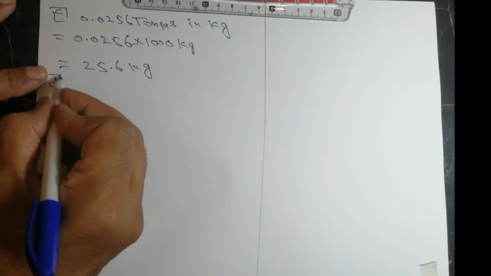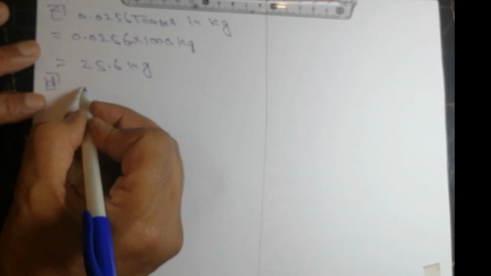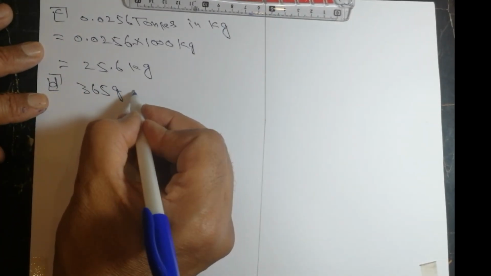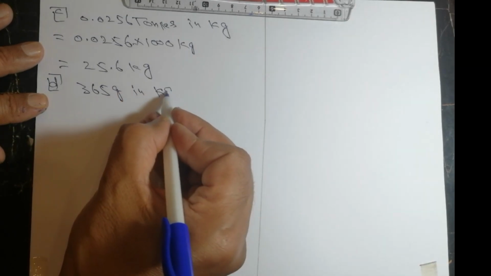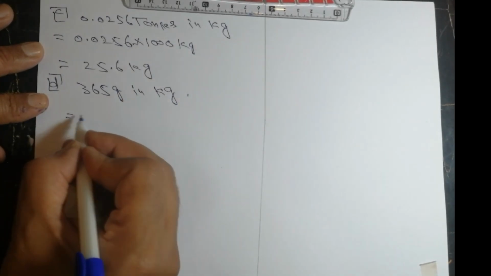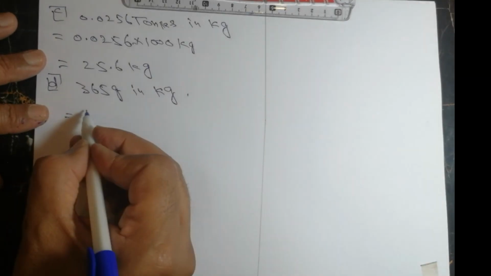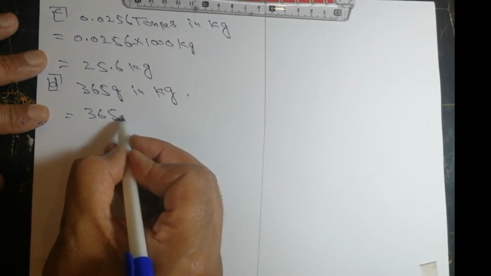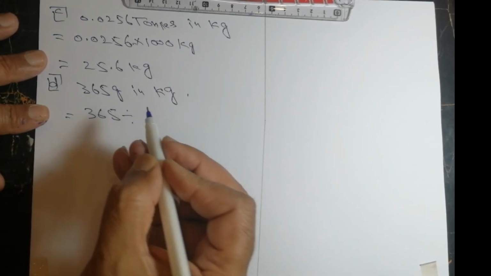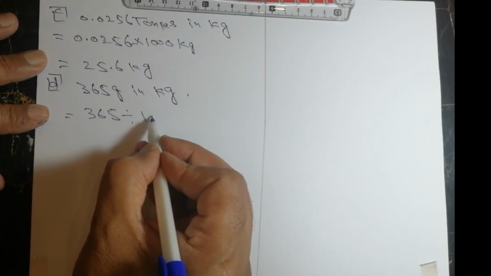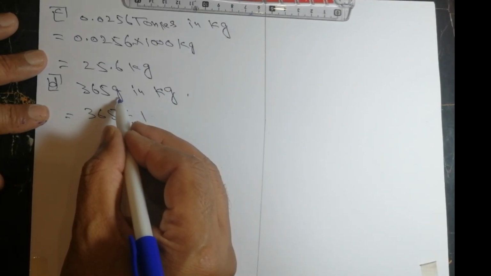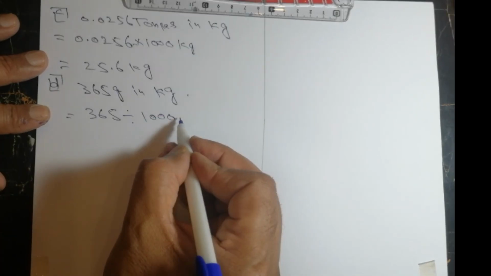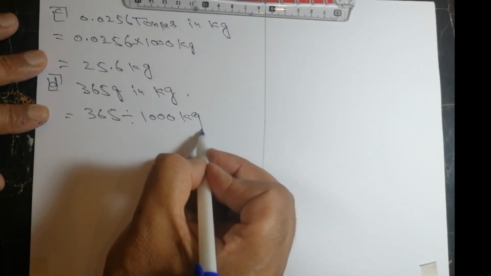Part D is 365 grams in kilograms. So smaller to bigger, 365 divided by 1000, because in 1 kilogram there are 1000 grams, so 1 divided by 1000, it is converted into kilograms.